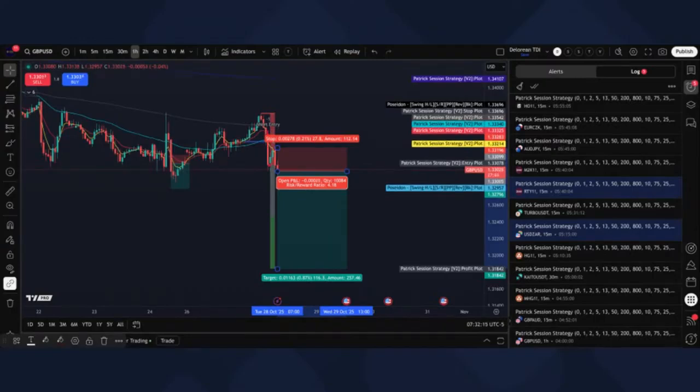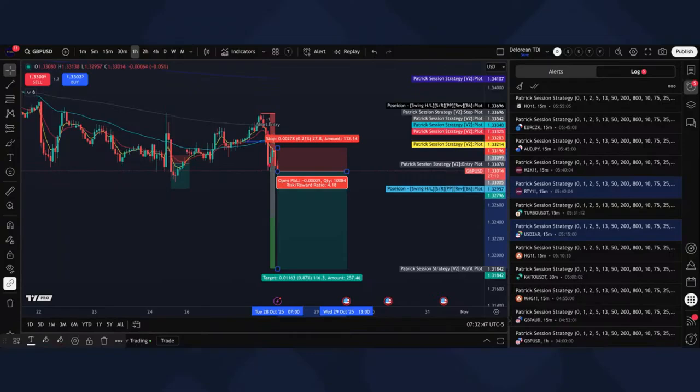Grab the template for this call. All right, so this is 60-minute confirmation. 4.18 risk.